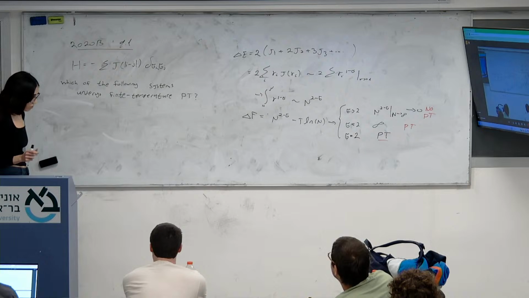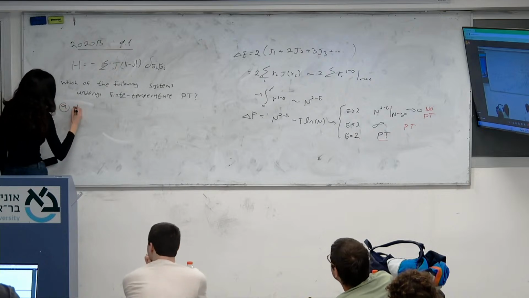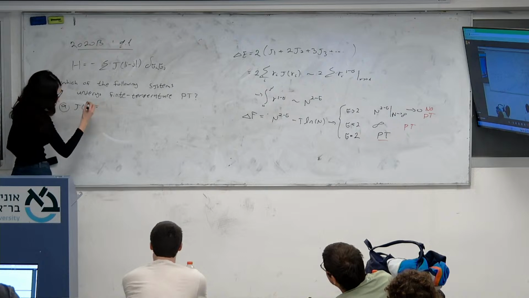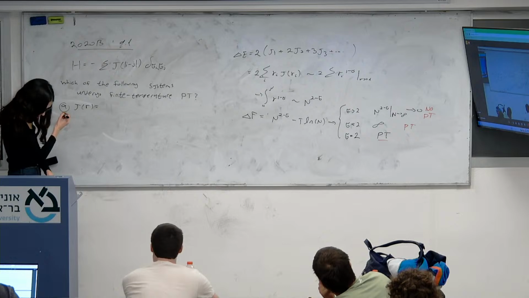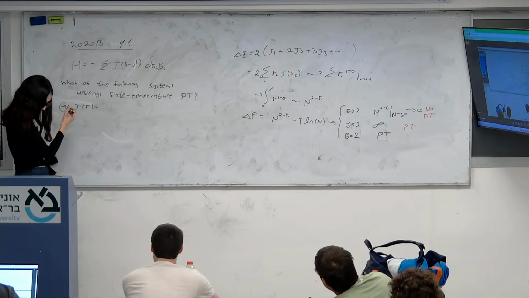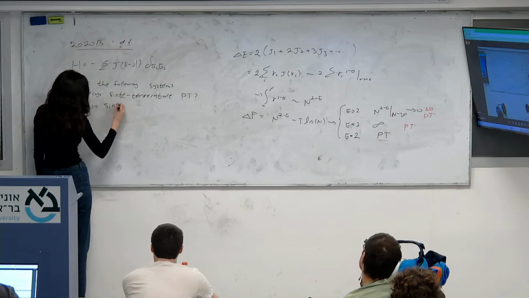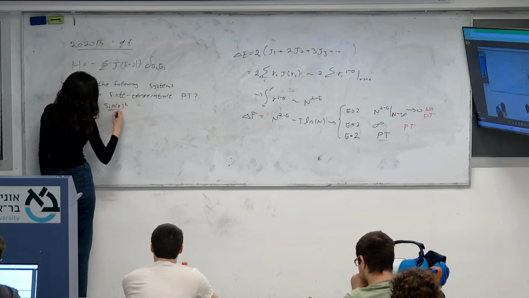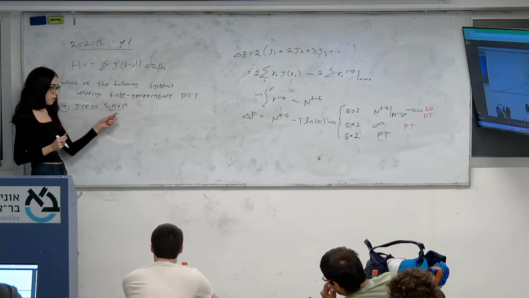So the first option, j of r is equal to sine of r squared over r.